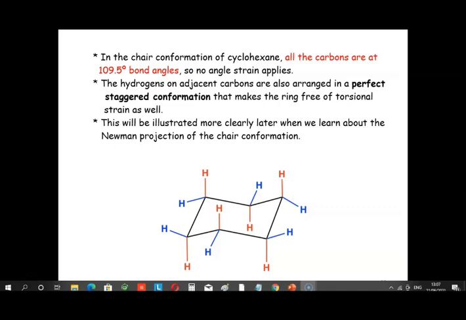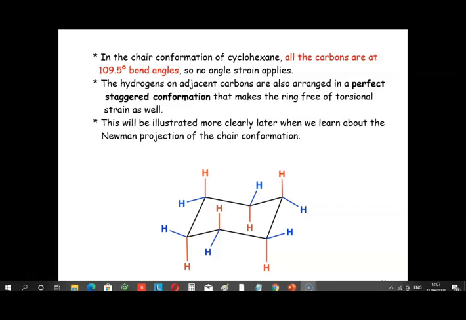Here I am trying to explain why the chair conformation of cyclohexane is considered the most stable. The reasons are: in the chair conformation, all the carbons lie at 109.5 degree bond angles, so there is no question of angle strain.